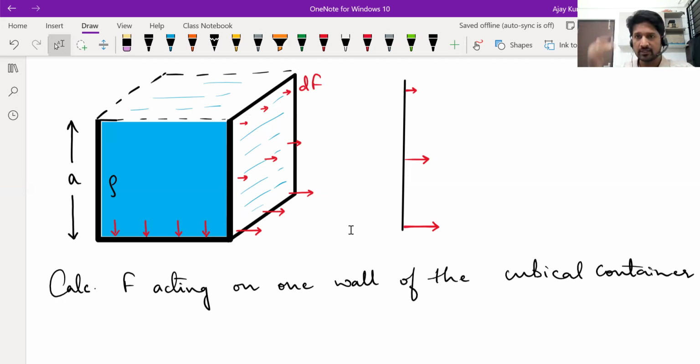Now we know that pressure varies with depth, so at a given depth, the pressure will be the same everywhere. So what you have to do is consider a part of the surface which is at a fixed depth, somewhat like this. I'm assuming the depth of this rectangular element. I can draw a proper rectangle itself.